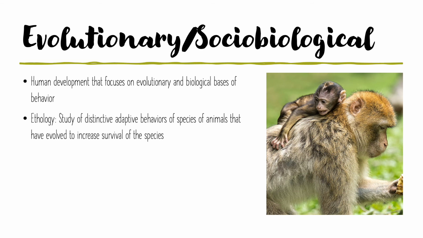Ethology is the study of adaptive behaviors in animals that have evolved to increase their survival. One example is proximity seeking, where animals stay close to their moms during growth for protection. And this can include the attachment of babies to their moms in humans.